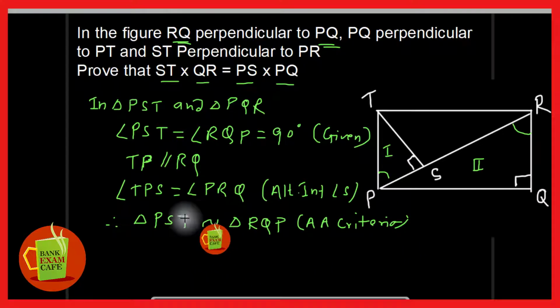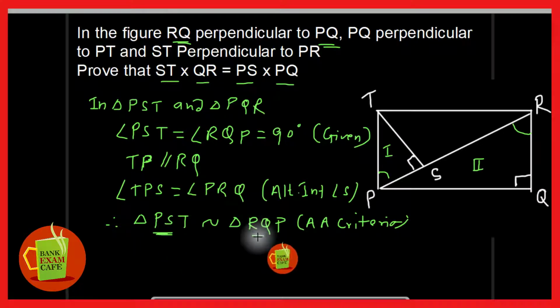So by AA criteria, these two triangles are similar, and we know that in similar triangles the ratio of the corresponding sides is always equal. So we will take the ratio of the corresponding sides.